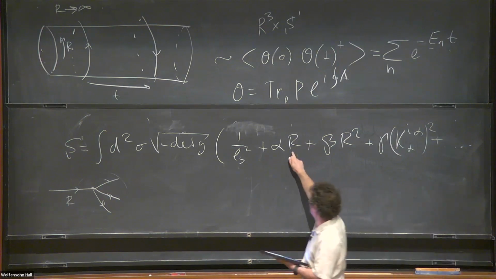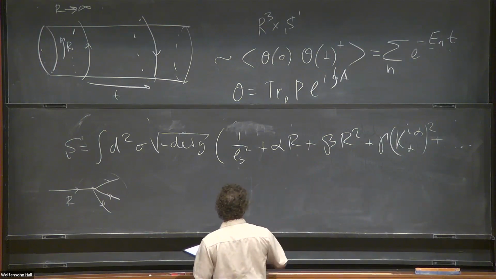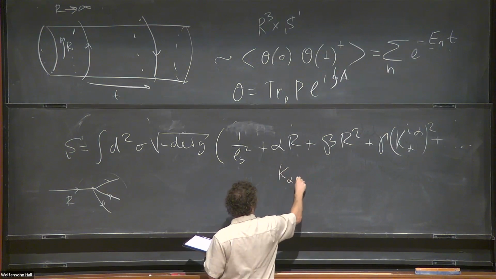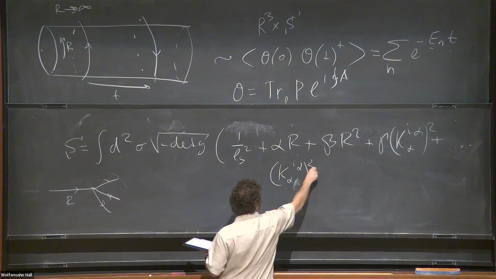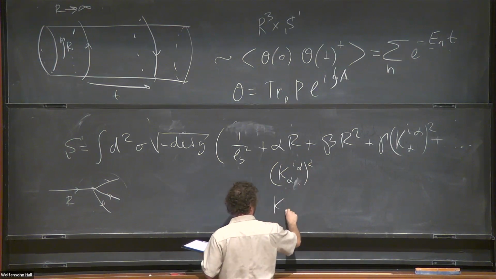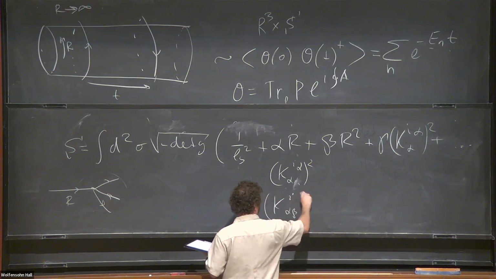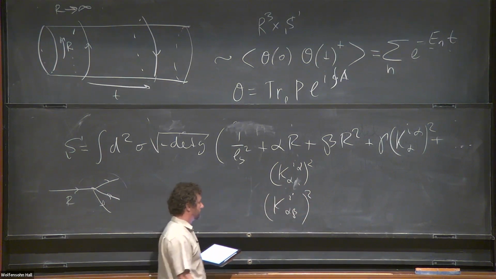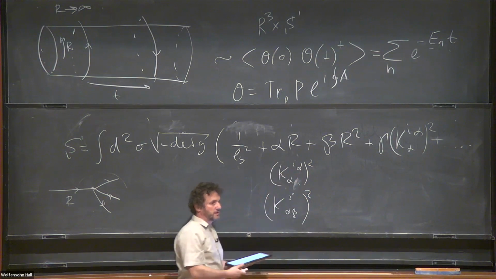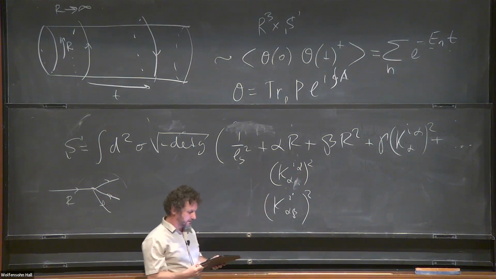So there is this term which I wrote here. Then there could be K alpha. Well, actually I wrote it over there. There is this term, and there is also K alpha beta I squared, so a different contraction of indices.